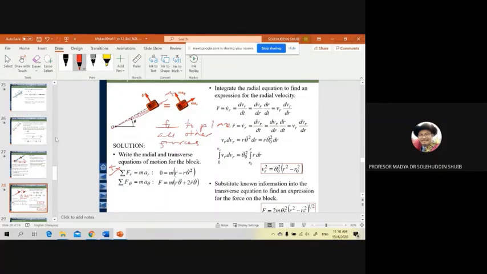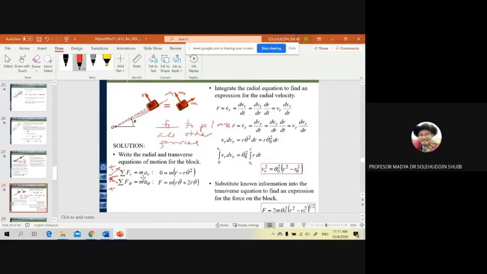And then for the transverse equation, this direction is positive, going this way. So we can write the summation of force in R. Here we can write F_r equal to M A_r.